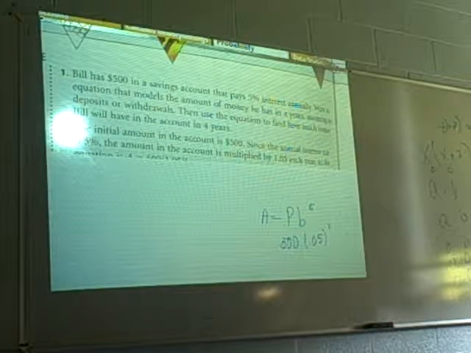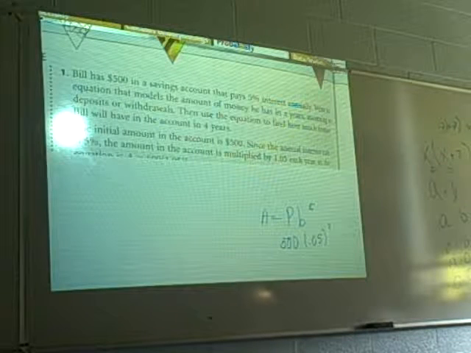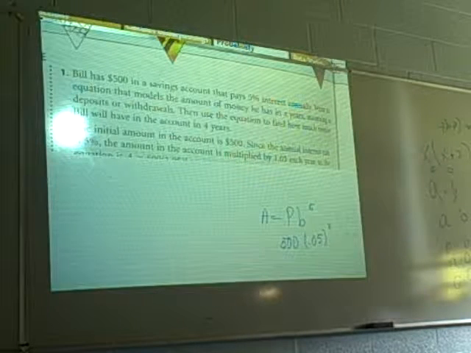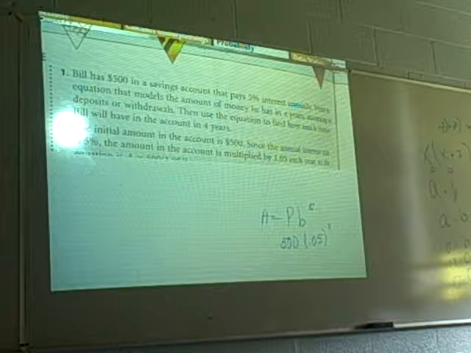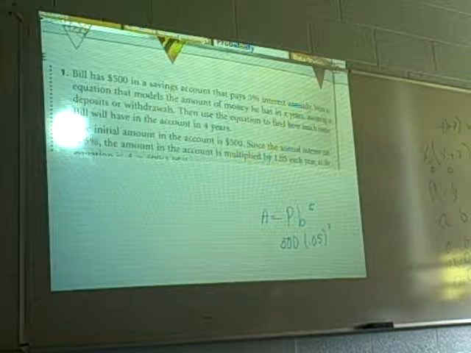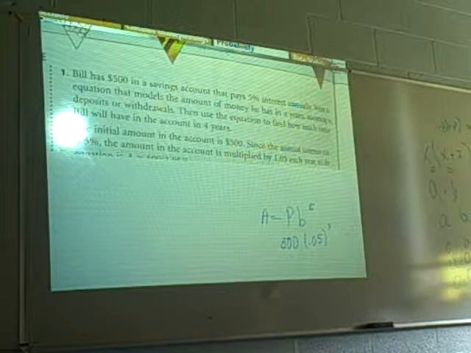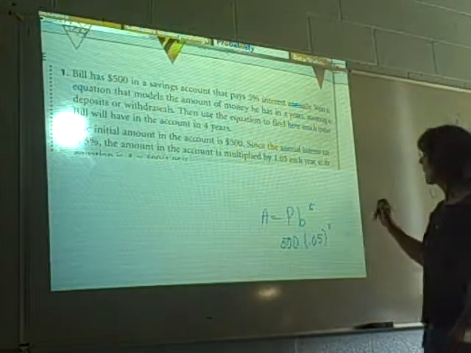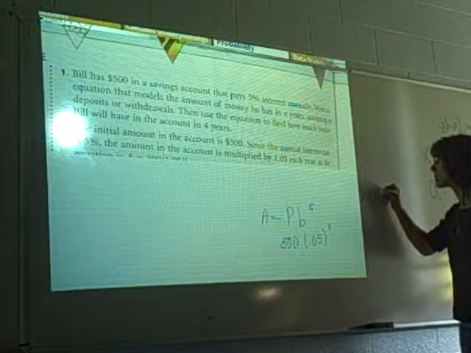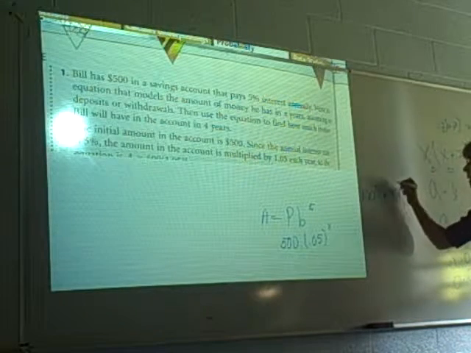Think about it. Is he losing money or is it growing? Growing. So he has $500. That's the amount that he starts with. Is that 100% of his money? Yes. So it'd be 1.05?